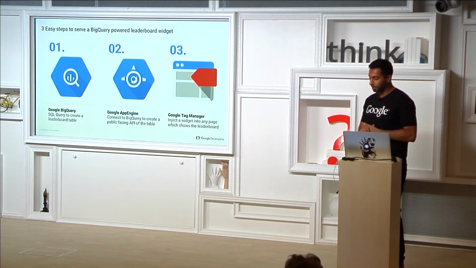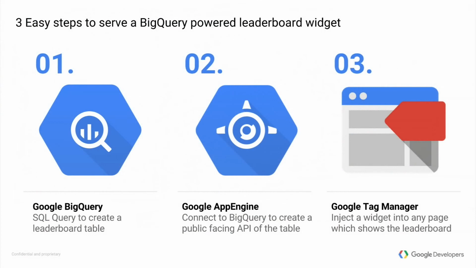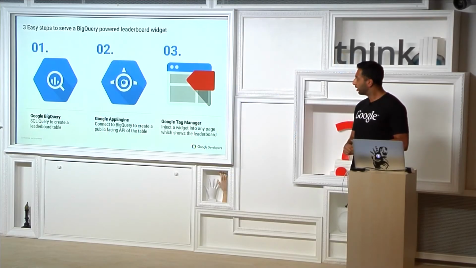So the way it works is we have our table in BigQuery. We write a SQL query to get that data. The nice thing with this is that if you've got millions and millions of data points, as you might have, then it'll be really quick. So it's designed to analyze big data sets really fast. Next thing is we've got Google App Engine. Does anyone use App Engine here? Cool. So great thing with App Engine is that it integrates with the Google products really well.